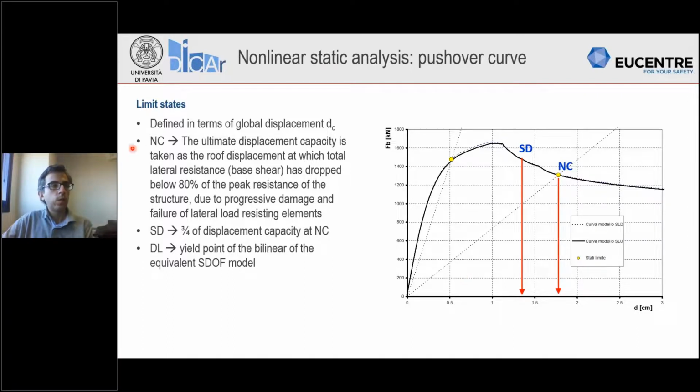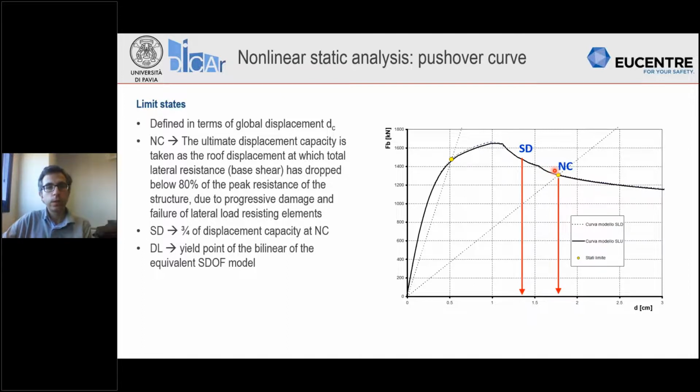For example, Eurocode 8 defines three different limit states. Regarding the near collapse limit state, it suggests that the ultimate displacement capacity is the displacement corresponding to a decay of 20% of the base shear with respect to the peak shear.